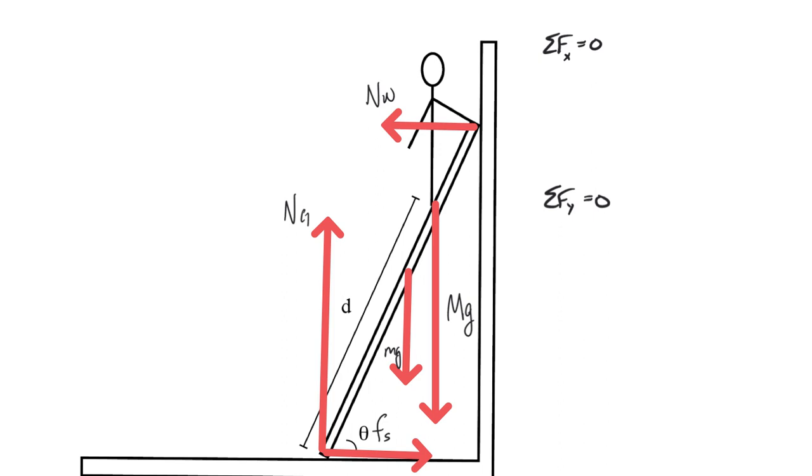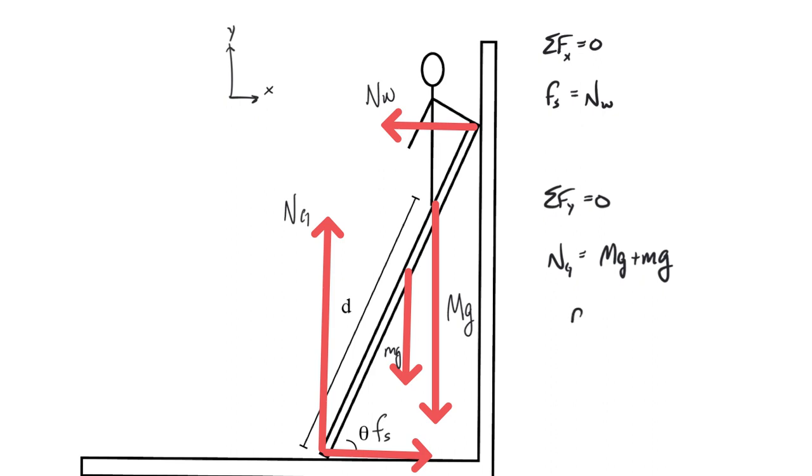I'm going to make this the y direction and this the x direction. So I get static friction equals normal force from the wall. Any question about that? And I get normal force from the ground equals Mg plus mg.